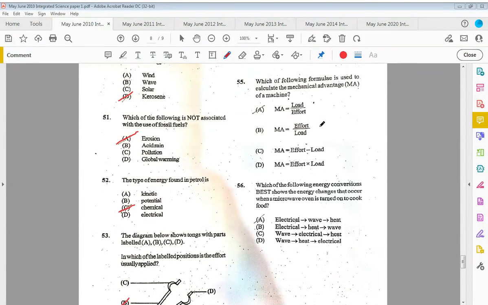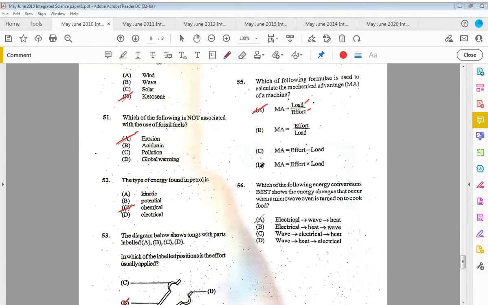Which of the following formulas is used to calculate the mechanical advantage, or MA, of a machine? The answer is A, the load over the effort. This is a very common question that usually comes. So always please try to remember that it's the load over the effort and never the effort over the load.